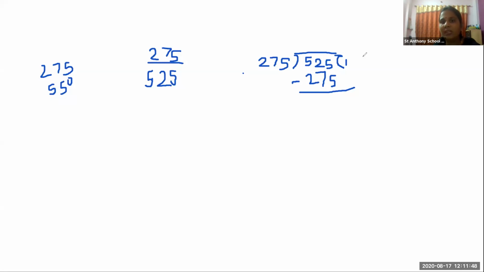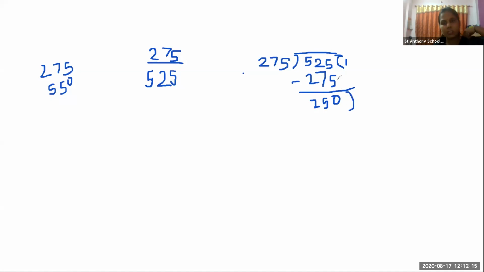Now 5 minus 5 is 0. Here 7 cannot be subtracted from 2, so 12 minus 7 is equal to 5, right? And here 5 minus 3 is 2.